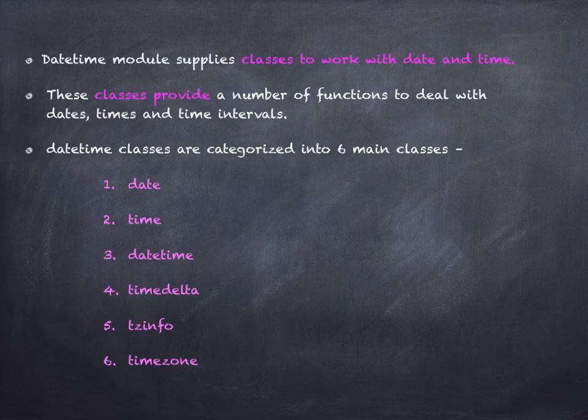Datetime classes are categorized into 6 main classes: date, time, datetime, timedelta, tzinfo, where tz stands for time zone, and the last is the timezone class. Of these, in this video, I'll be discussing only the first 4 classes.